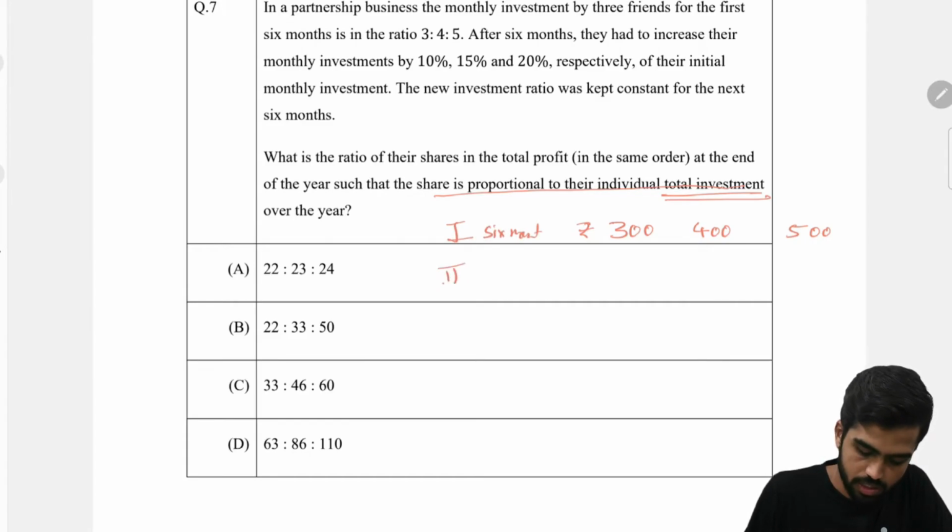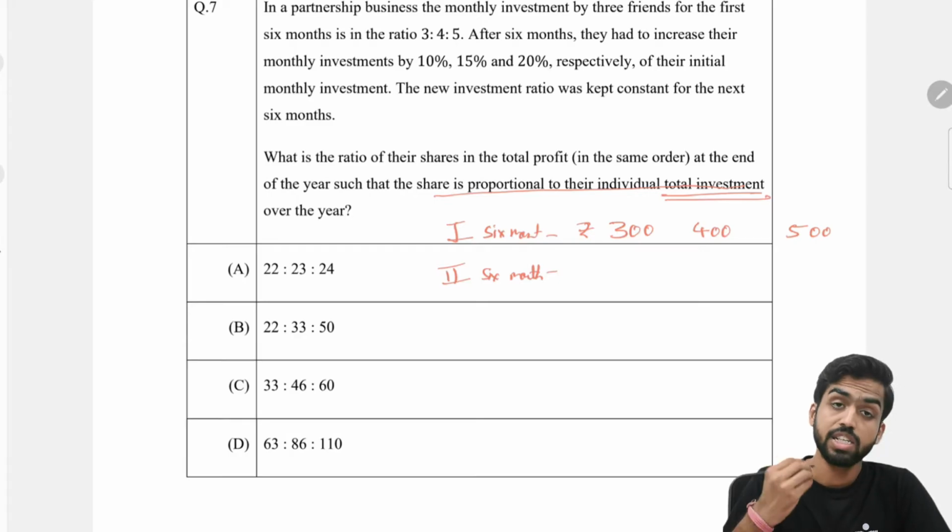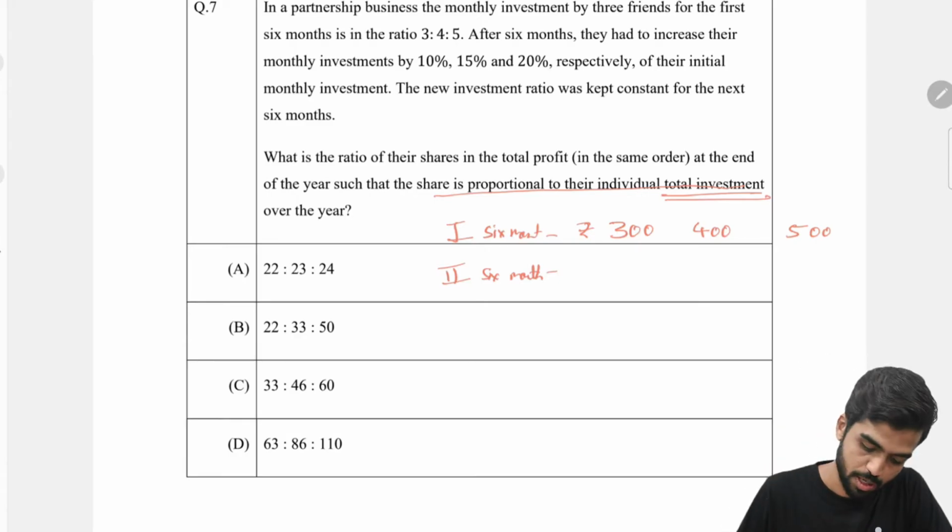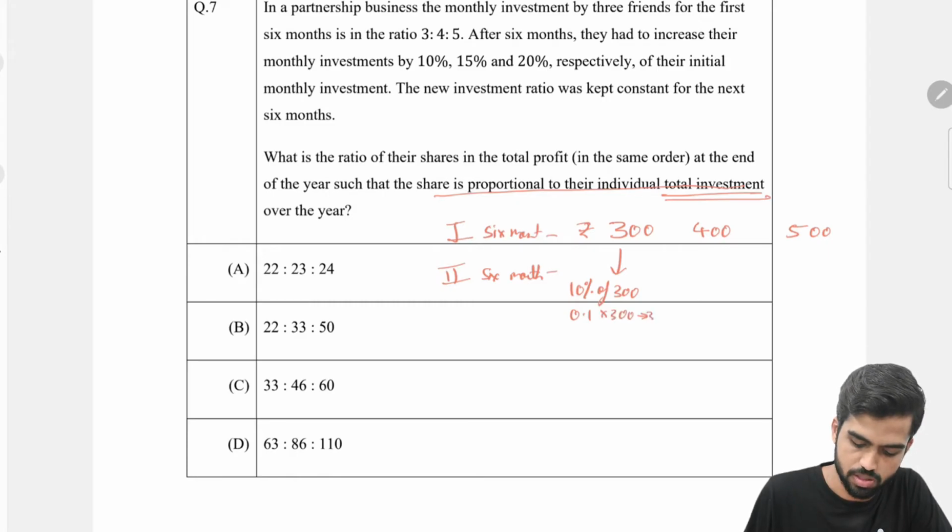For the second 6 months, the first friend has increased the investment by 10%. So 10% of 300 will be 0.1 into 300, which is 30 rupees. So we'll have a total of 330 rupees.